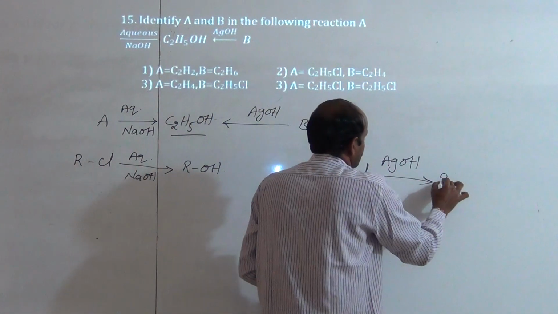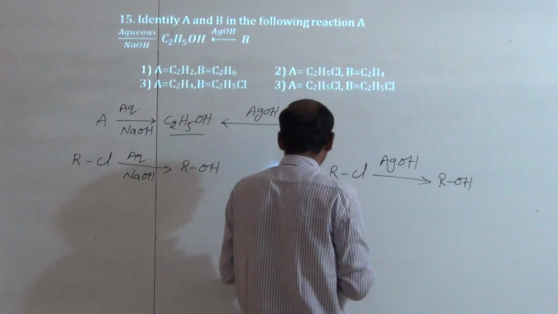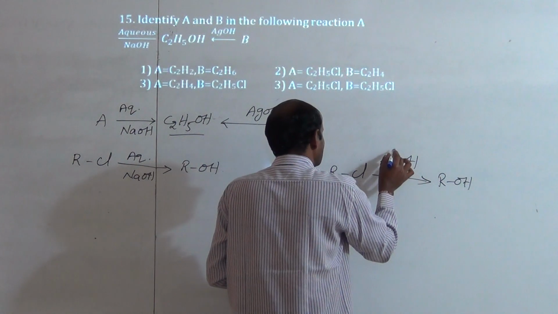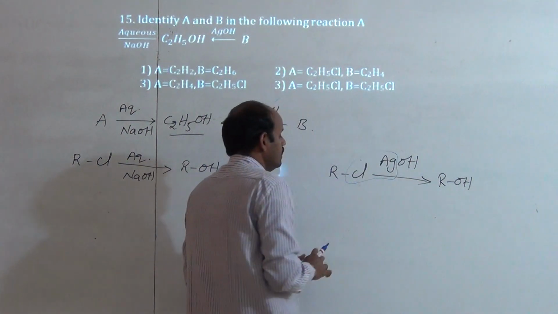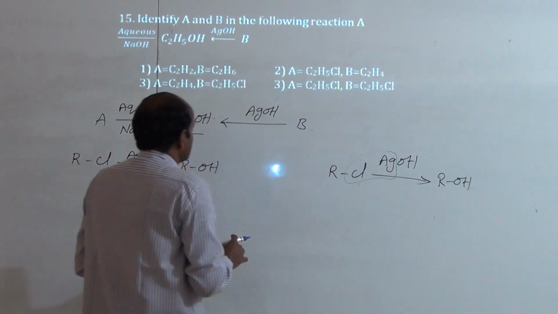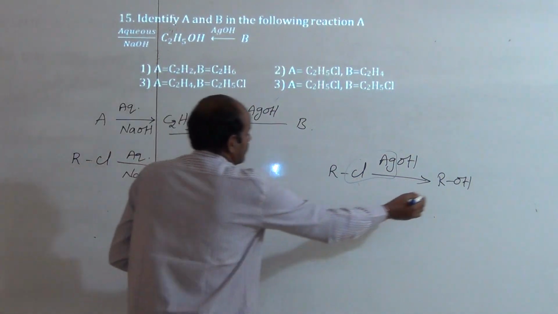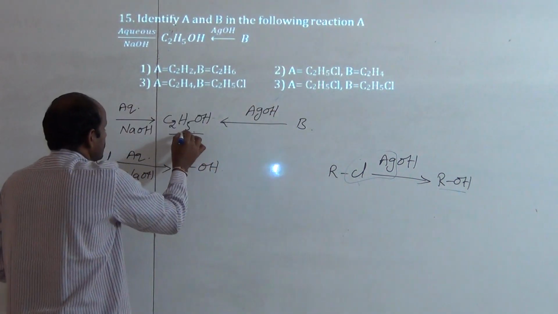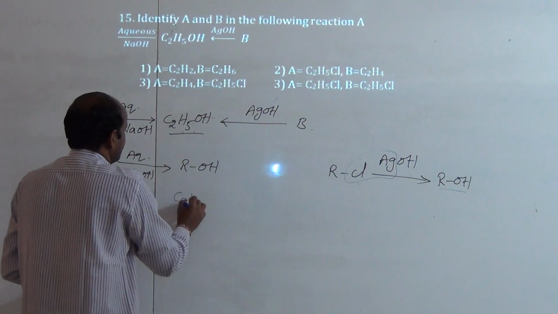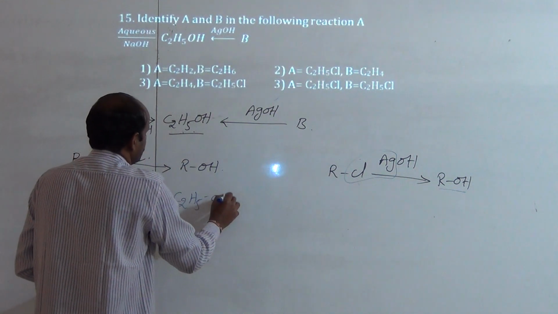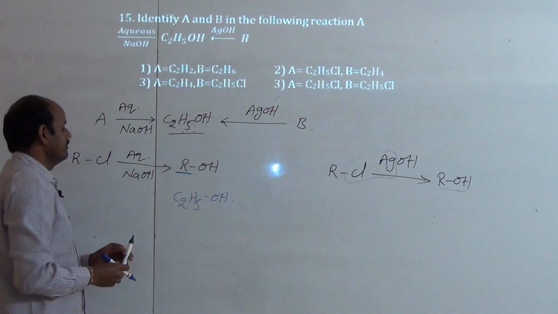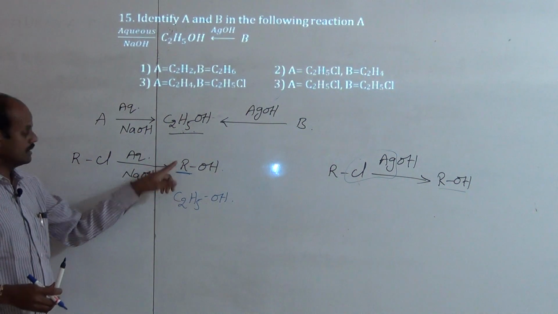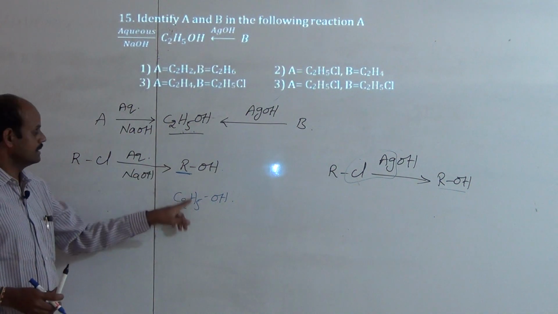AgCl is removed, no? Alcohols formed, no? Thus, but here given a product, alcohol. Which alcohol is given? Ethyl alcohol given. Okay. That means here given an R indirectly. What is the R? C2H5 is the R.